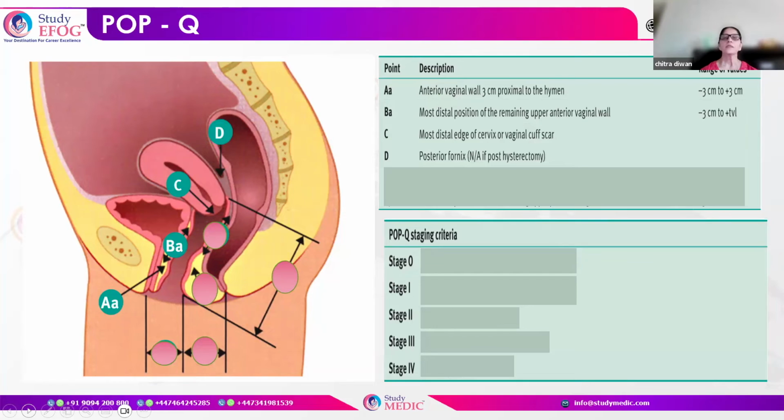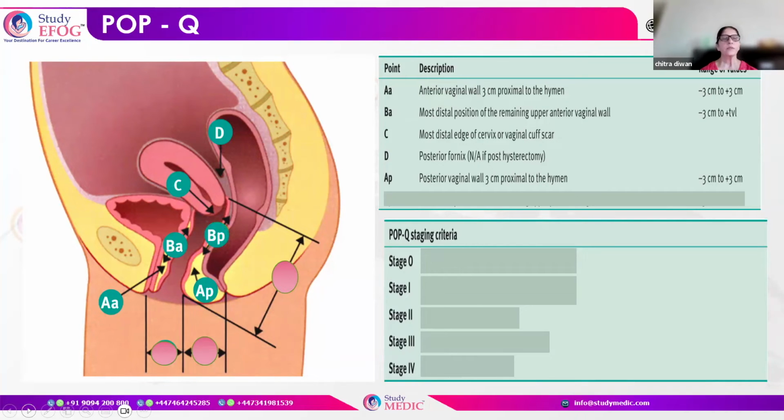Point D is on the posterior fornix. You will not have this point D if the woman has undergone hysterectomy. Then you have point Ap. So point Ap is on the posterior vaginal wall, 3 centimeters proximal to the hymen.